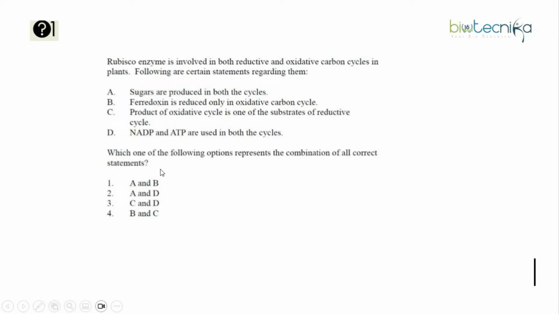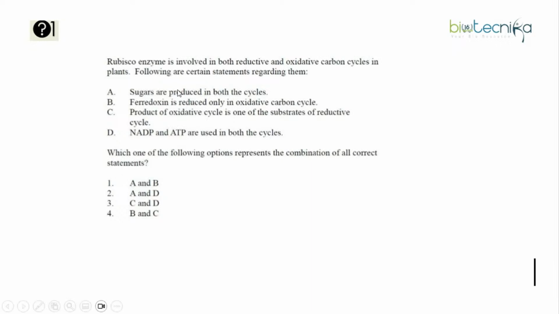Statement A, sugars are produced in both the cycles. Statement B, pyridoxine is reduced only in oxidative carbon cycle. Statement C, product of oxidative cycle is one of the substrates of reductive cycle. And statement D, NADP and ATP are used in both the cycles.